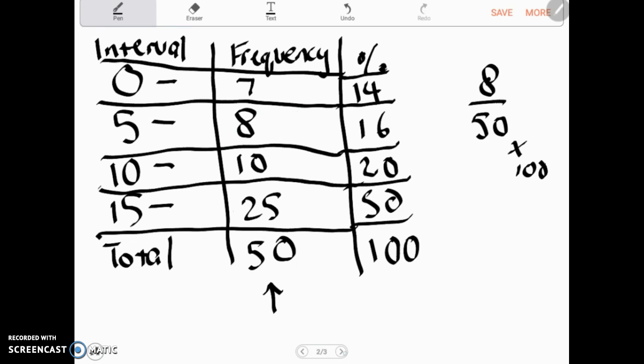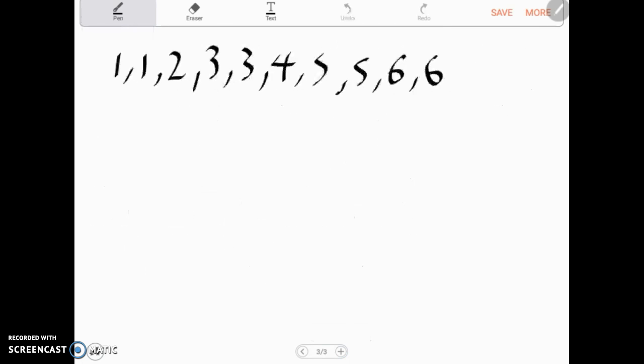So there's one more thing I wanted to go through, which is creating a frequency table. If we're given a set of data points, I've just written out a bunch here. What we need to do is figure out an appropriate interval. Well, we know that the minimum is 1 and the maximum is 6. So our frequency table could easily just be 1, 2, 3, 4, 5, 6.